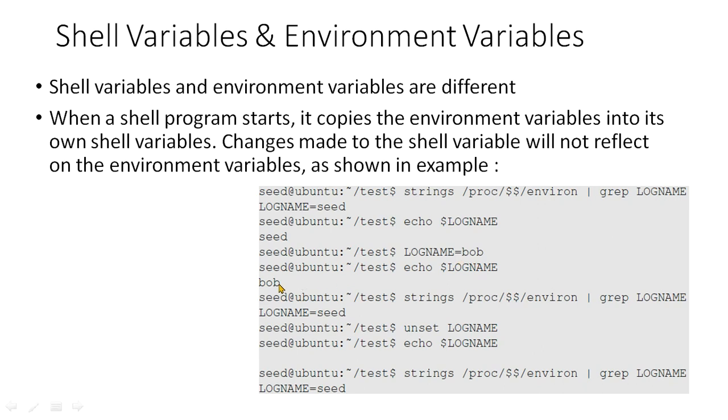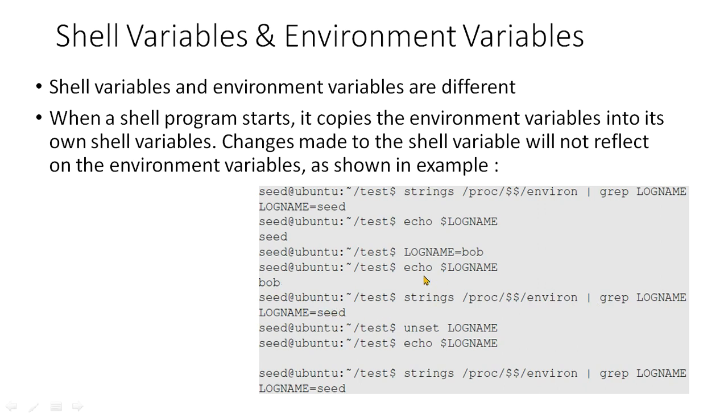It's already changed to Bob. But when we run strings on /proc/$$/environ to display all the environment variables of the current process, do we see LOGNAME is Bob? No. When we run this command again, we still see that LOGNAME is seed.